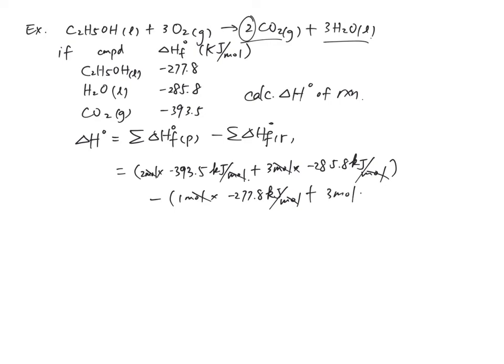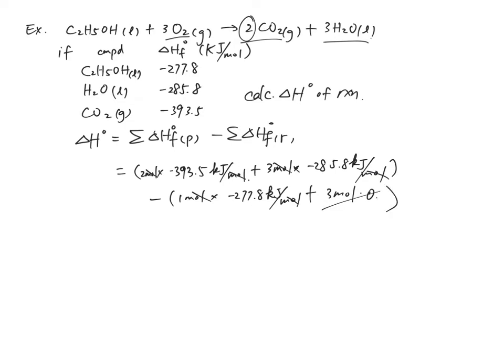Well, you didn't give me a delta H value for O2. Well, I didn't have to. Remember, oxygen all by itself, no charge, O2 is the standard state of oxygen. Free elements in their standard state have delta H of 0.